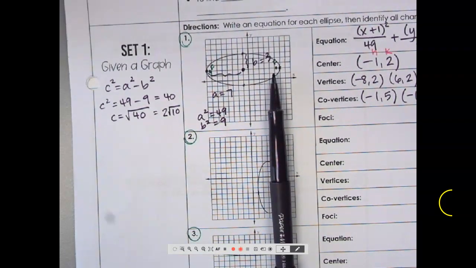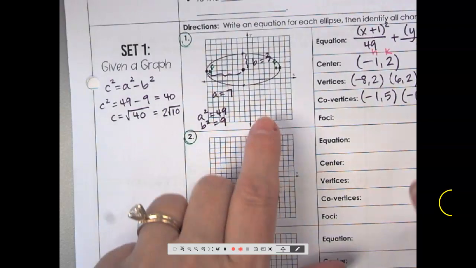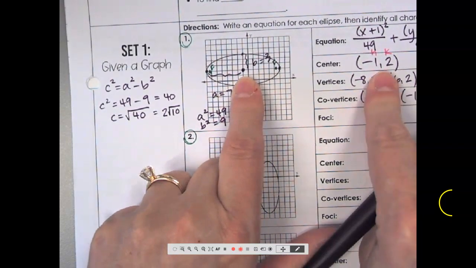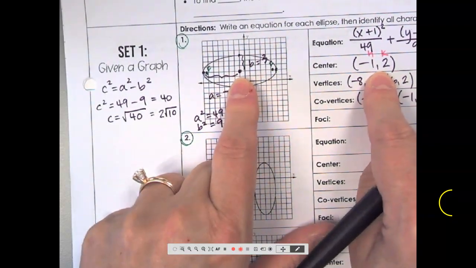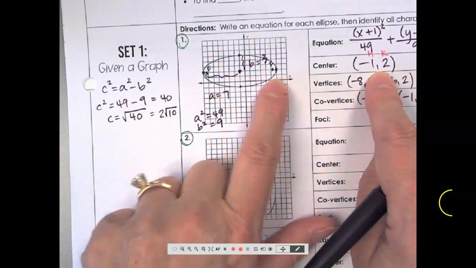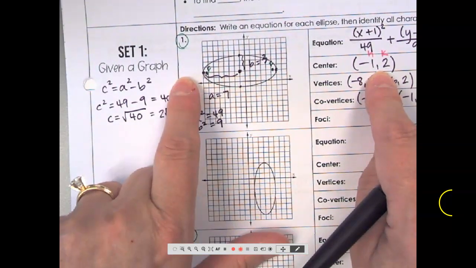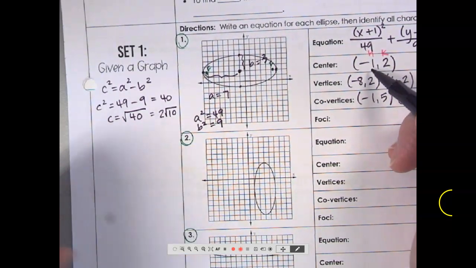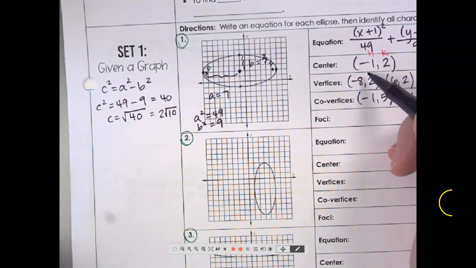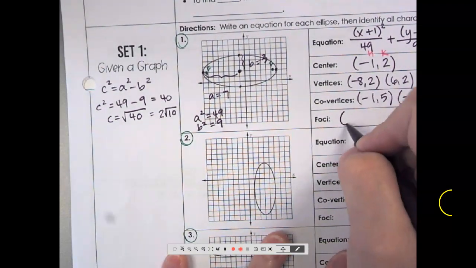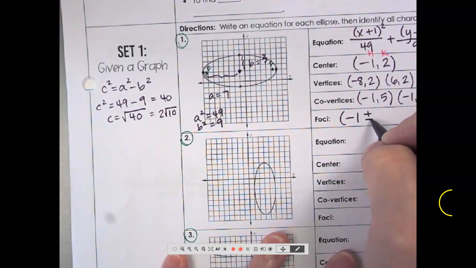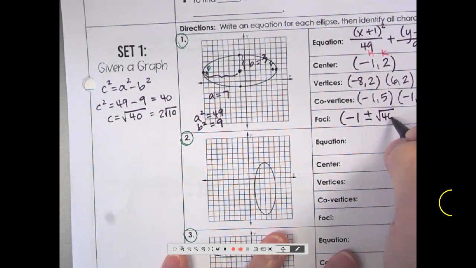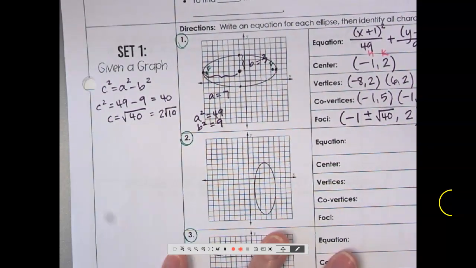Now to write those ordered pairs, we started at the center point, which is (-1, 2), and I went right and left from the center point. So I'm going to add and subtract the square root of 40 to the x coordinate, and not the y coordinate. So that's going to be -1 plus or minus square root of 40, comma, 2.